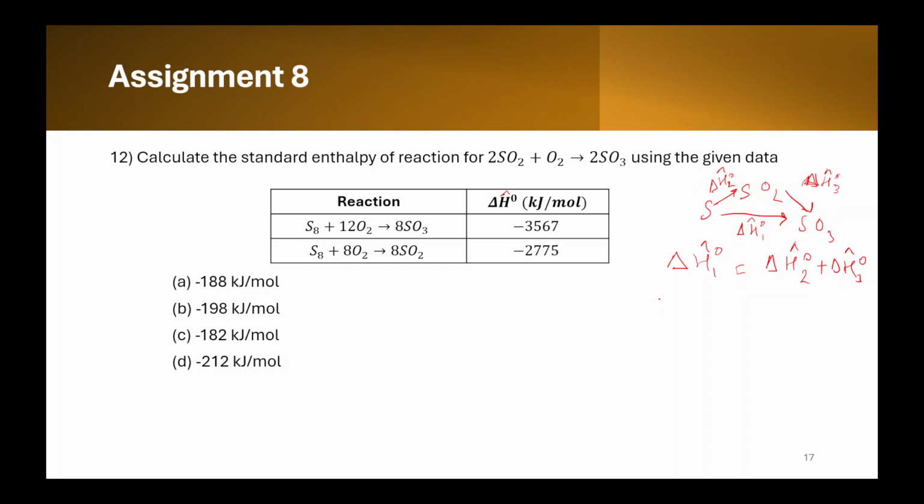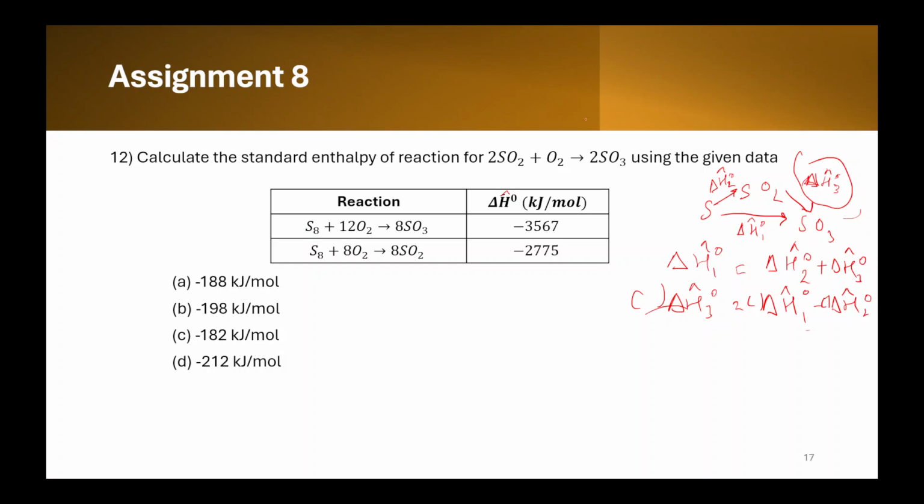Okay. So if we need to compute this delta H3 naught, that will be delta H1 naught minus delta H2 naught. Okay. So again, there will be some algebraic manipulation of coefficients.